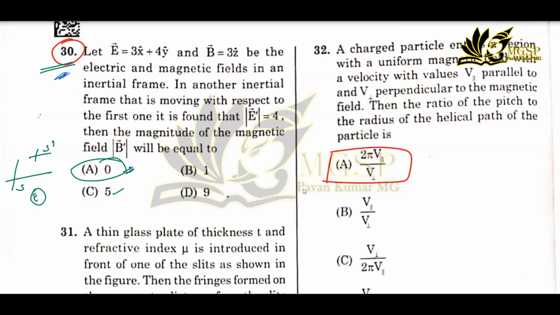I think it should be 5, but again seeing the question, for the electric field in the S dash frame, it depends upon the magnetic field in the S frame. So I got confused. This may be grace, or else if they have changed the answer, this may come.